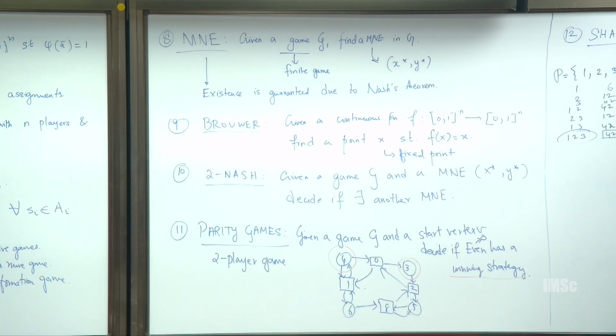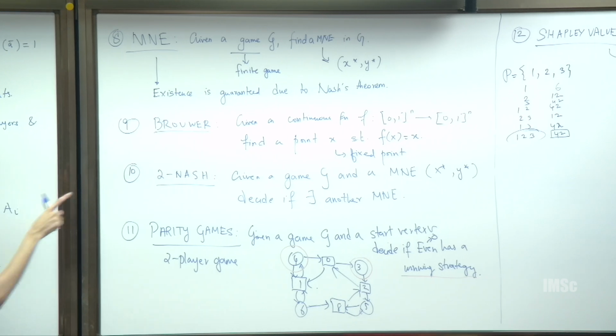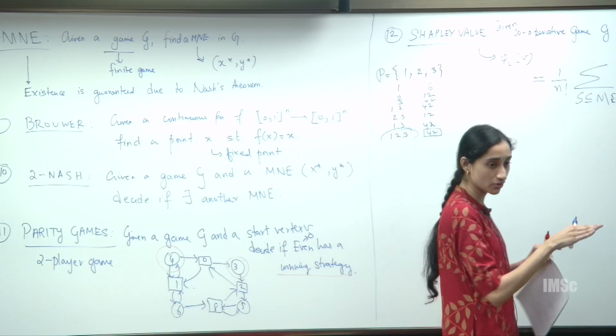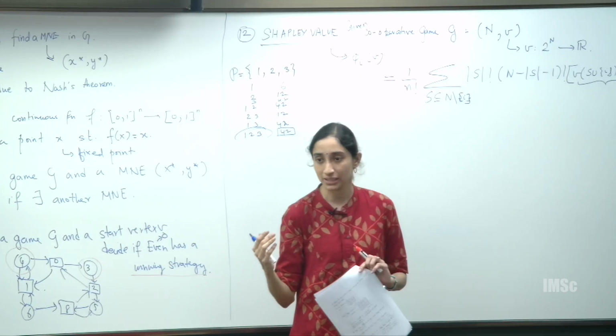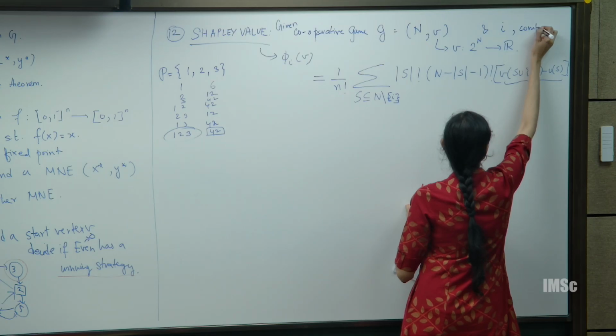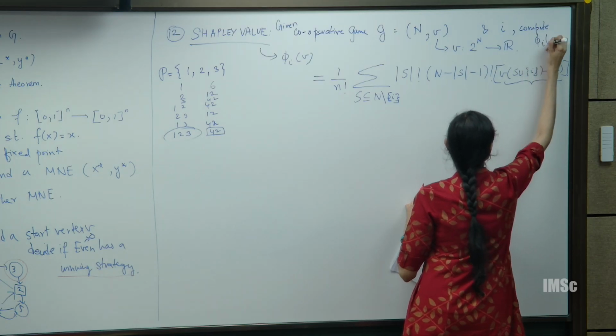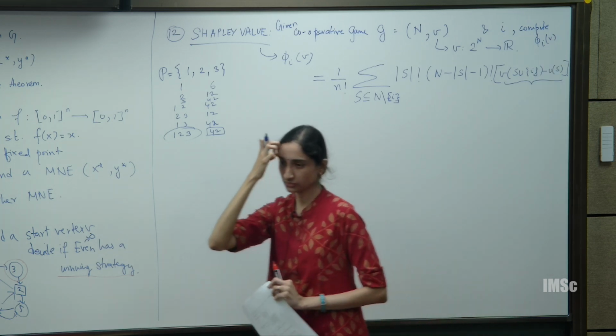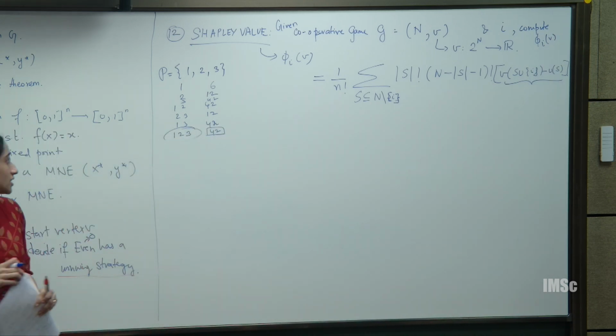Oh, so by the way, I didn't complete that question. So you are given a game and you are given the valuation function, you have to compute the Shapley value of every player. Or maybe I can even say, and I compute the Shapley value of a particular player. Right, how much this person needs to get.